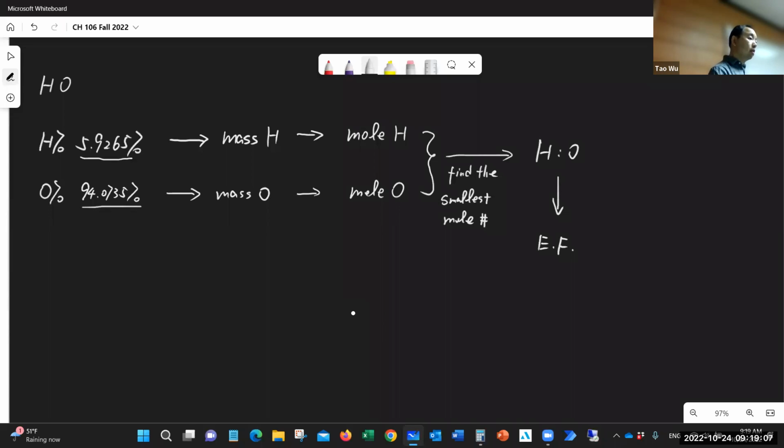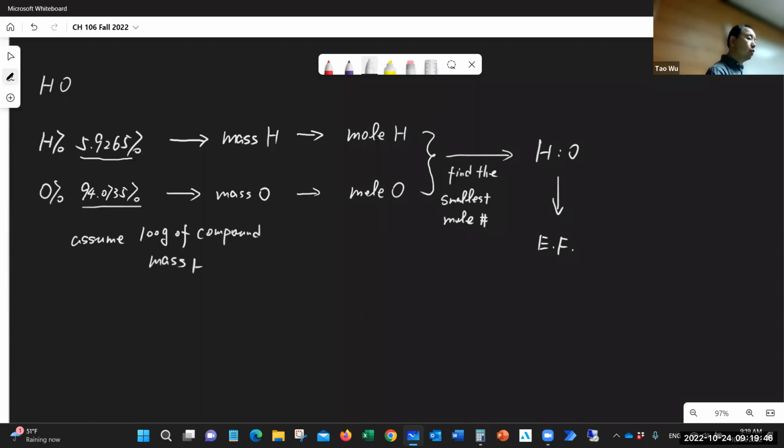So generally you just need to assume any number, and then you can figure out the mass. Since this is a percentage, we can easily just assume this compound is 100 gram. So first, we assume we have 100 gram of compound.